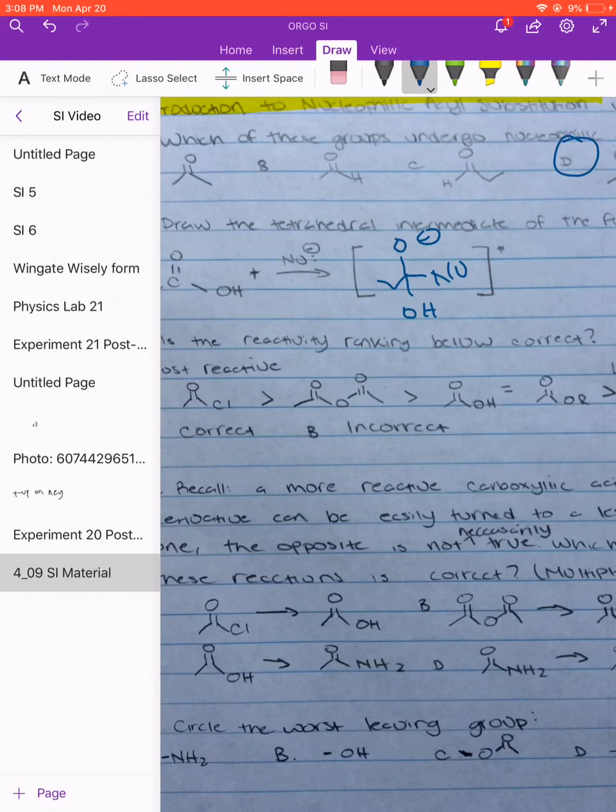So this is the intermediate, and what's going to end up happening, I'm not going to draw it, but OH is going to leave, and the nucleophile is going to stay.